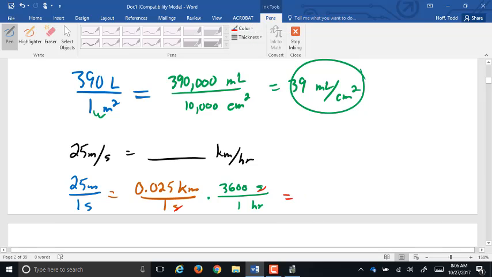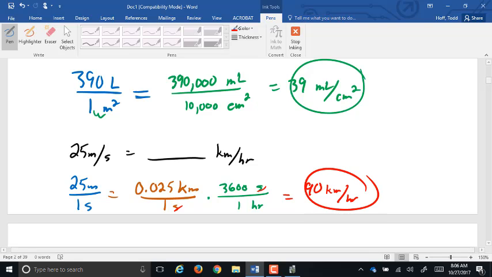So the seconds cancel out. I've got 0.025 times 3,600, which is what? Is that 9? 9 or 90? 90 kilometers per hour.